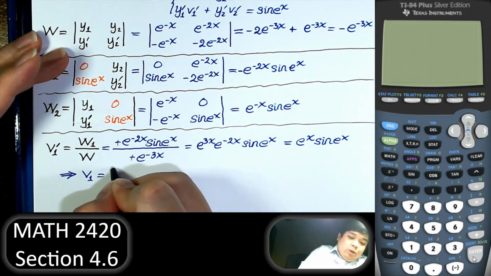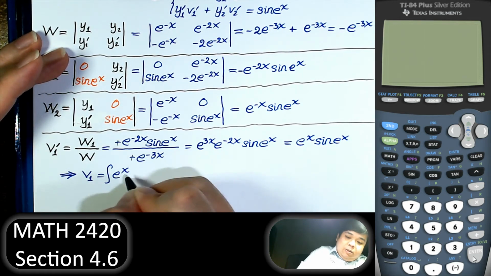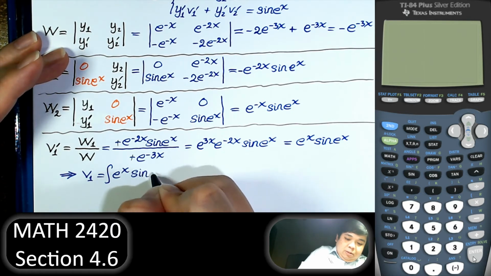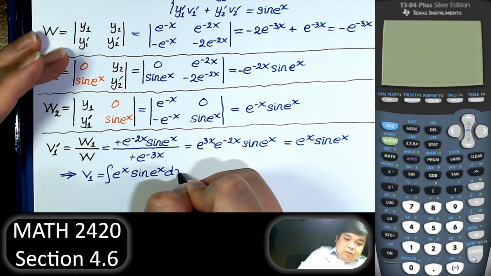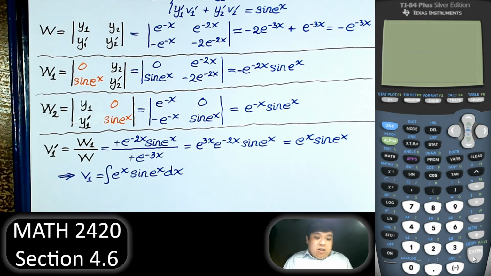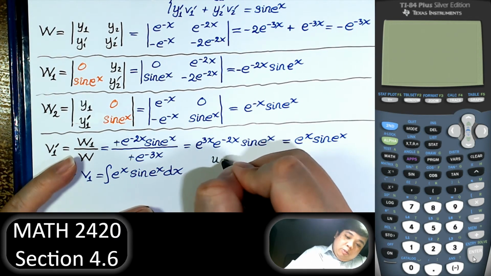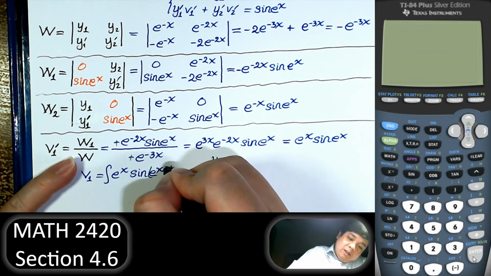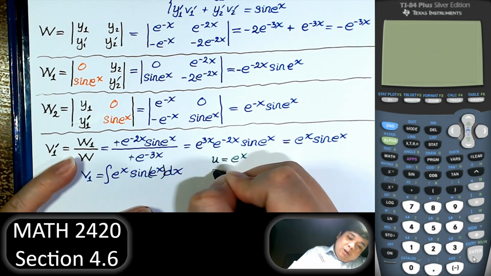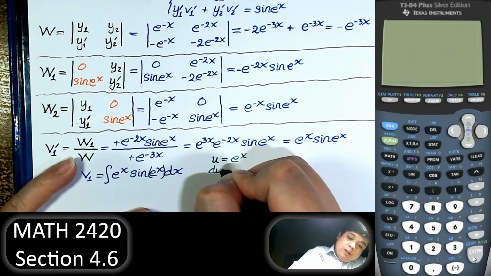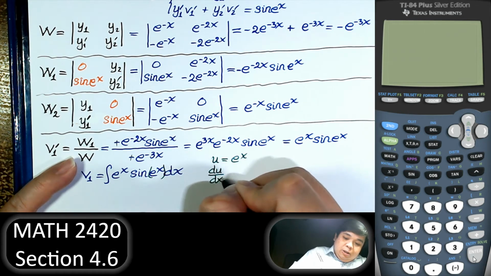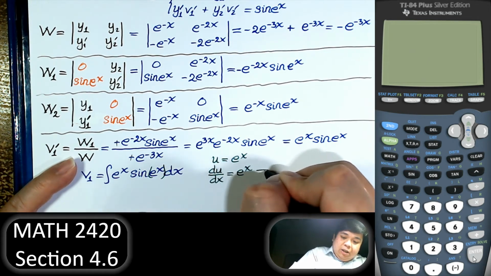Now to get back to v, we integrate. This is just substitution. It's not that bad. Let u be e to the x. Derivative of u is the same thing.